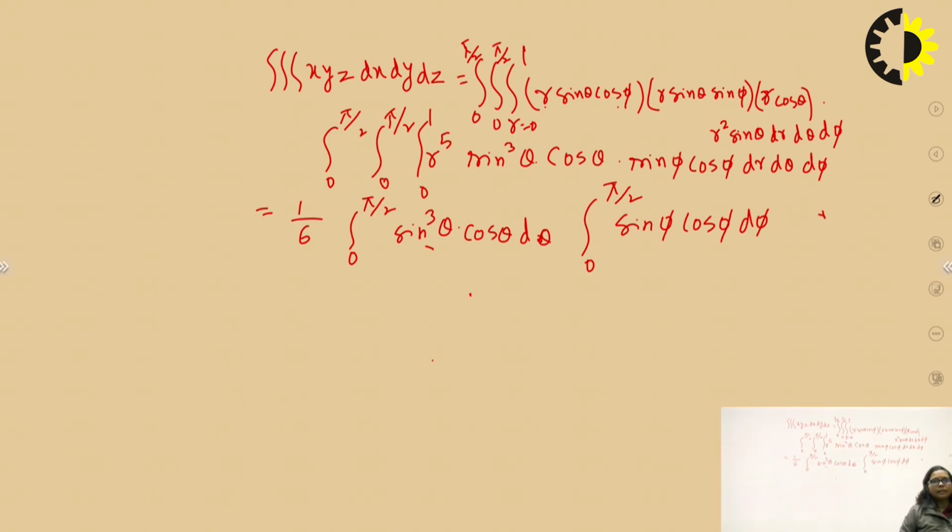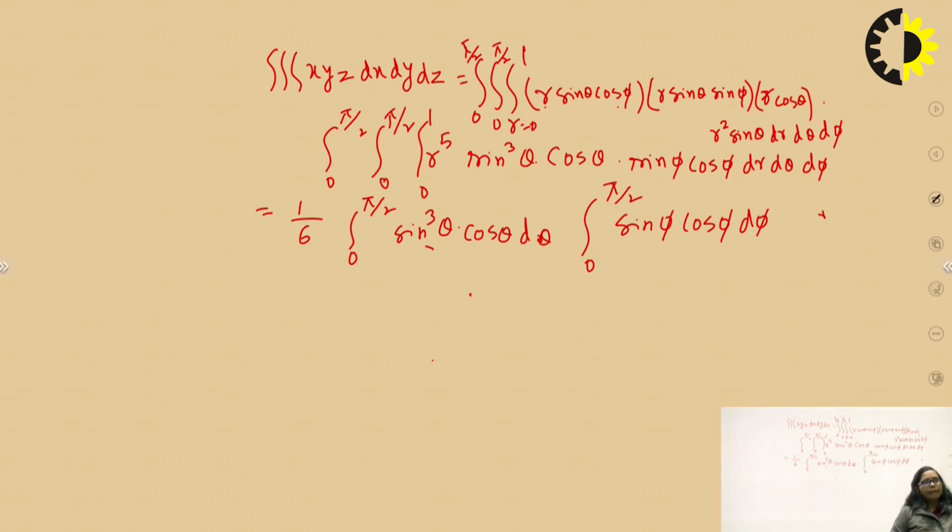So now I just need to solve these two integrals, one as a function of theta and one as a function of phi. And now you have so many ways to solve these integrals. Either you use your classical method, which means you put sin theta equal to t and write cos theta d theta equal to dt and change the limits also as a function of t. Or you can also solve it by using the beta and gamma functions.